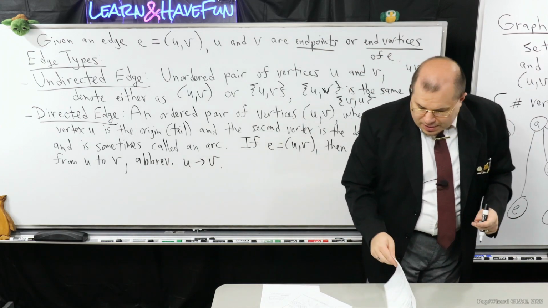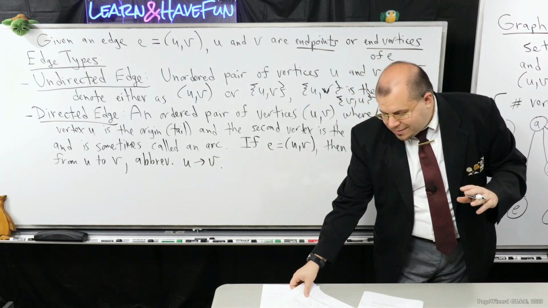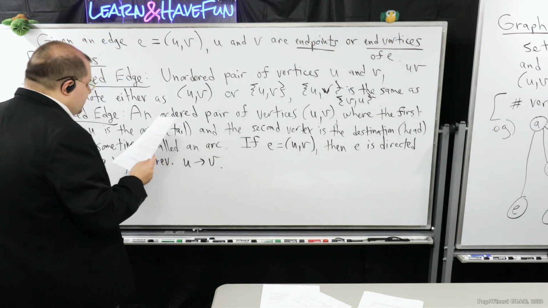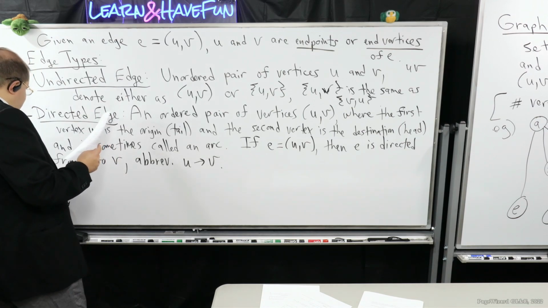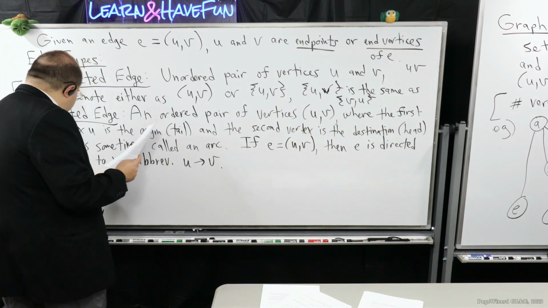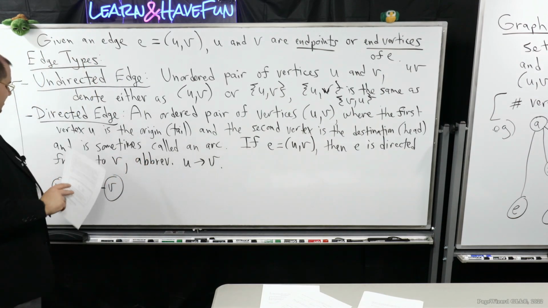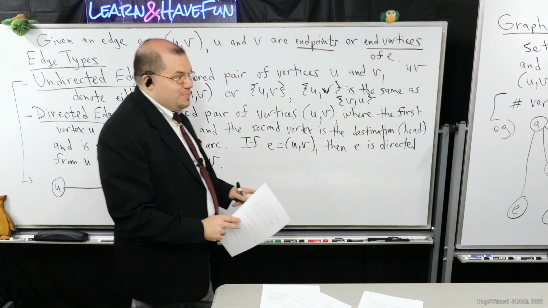So let me draw you a picture just to encapsulate both of these points, because I think it's important that you get this all clear. If we want to talk about an undirected edge UV, this is very often how it will get drawn. You just have a line between the two. Keep in mind, it doesn't have to be a straight line, just to be very clear. It could be curved.